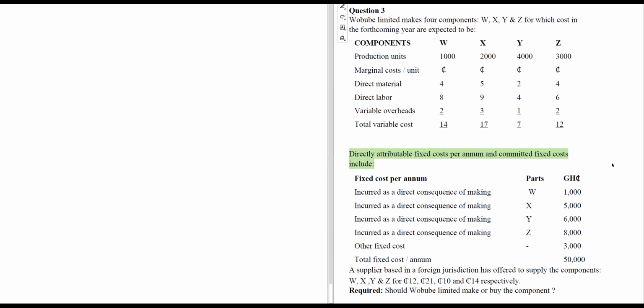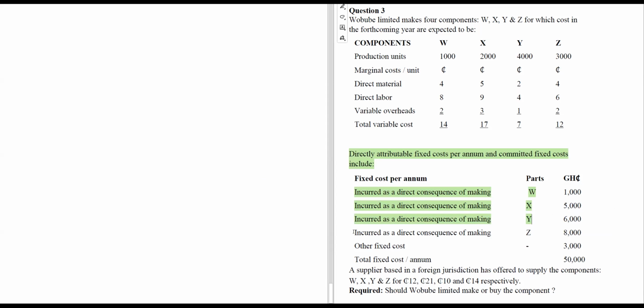So let's see the fixed costs which are relevant. Fixed costs incurred as a direct consequence of making W, relevant or irrelevant? Relevant, because without making W, you will not incur it, right? Fixed costs incurred as a direct consequence of making X, relevant. Making Y, relevant.